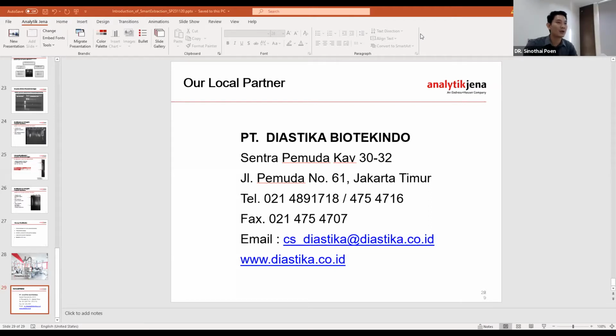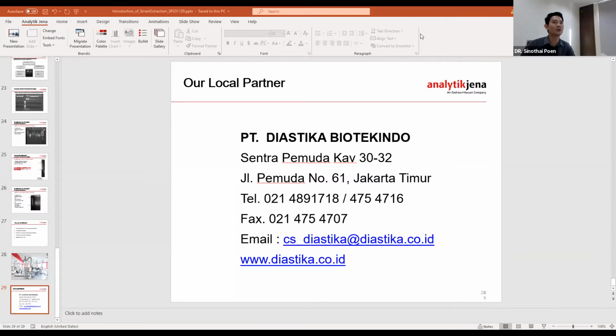The second question is whether we have experience with using smart extraction with COVID-19. That's a good question. At the moment, we are developing smart extraction for RNA, so it's in the pipeline. It's not ready yet, so we haven't tested with the RNA virus in this case.